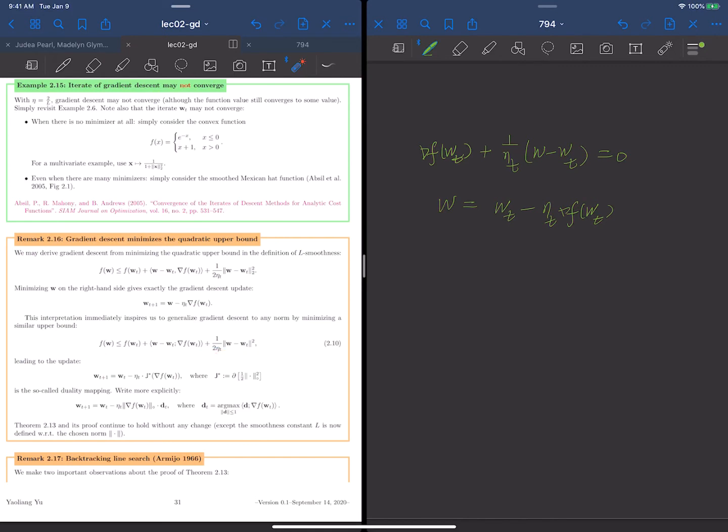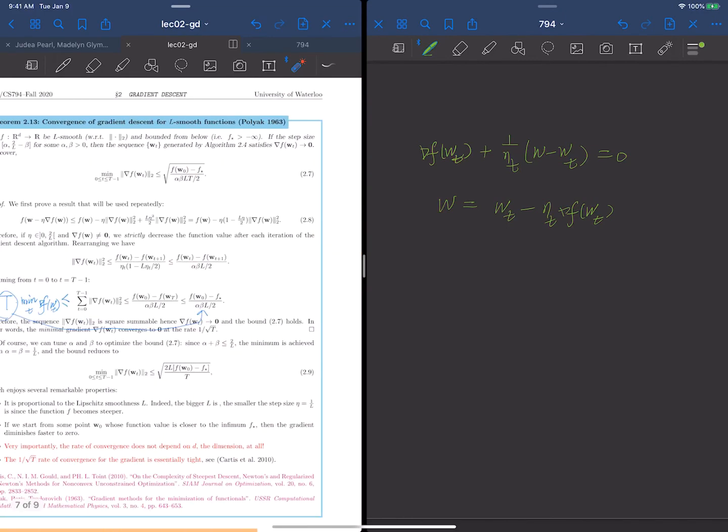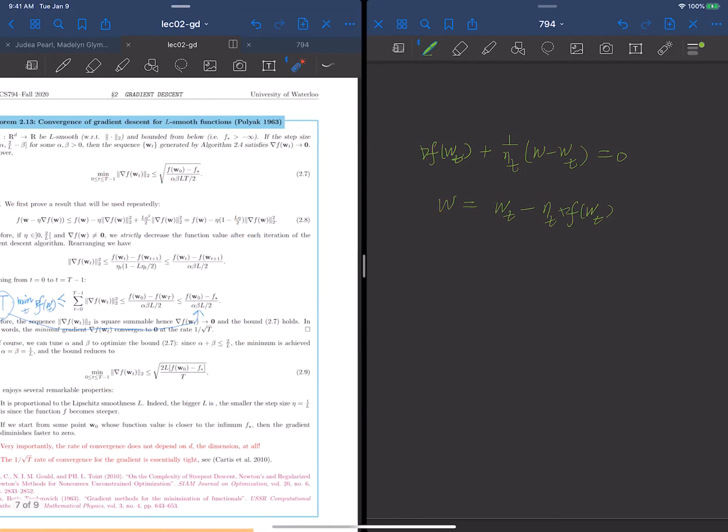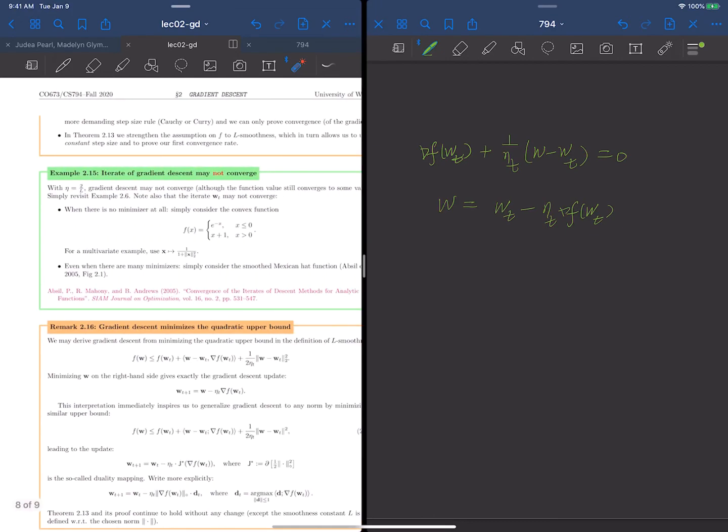And I can still minimize the right hand side, and I get my iterate. I can do the same thing. And the interesting thing is, if you go back to the simple proof we had before, everything still goes through. So now you can immediately generalize gradient descent from the Euclidean norm to any other norm you like.